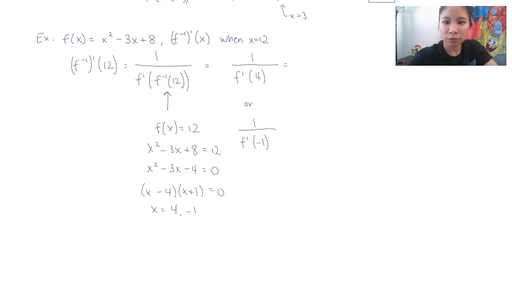The derivative of f would just be 2x minus 3. And so we're going to plug in x equals 4 and x equals negative 1 to get our two answers.